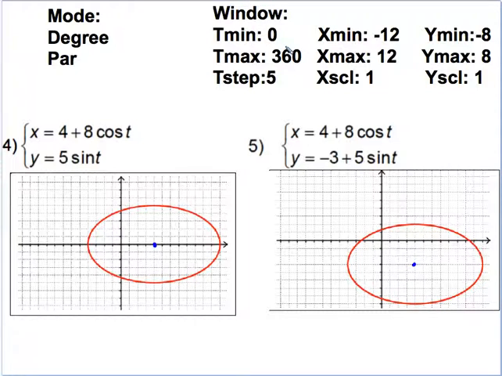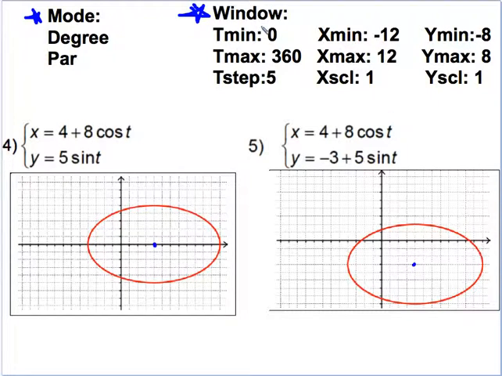If you want to plug it into the calculator to find your graph, you first want to click on the mode button in the old calculators, and make sure it's in degree mode and make sure it's in parametric mode. Then change the window.